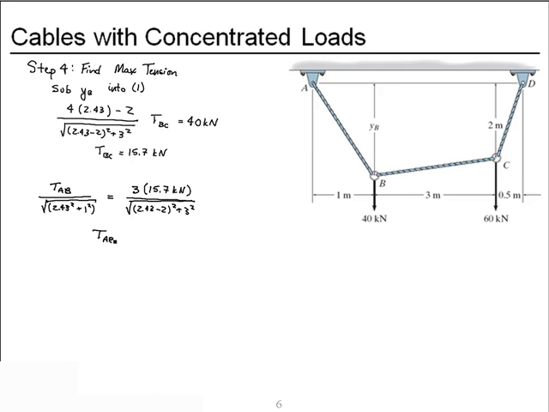Solve that for the tension in AB. We get 40.9 kilonewtons. So segment BC does not have the peak tension.